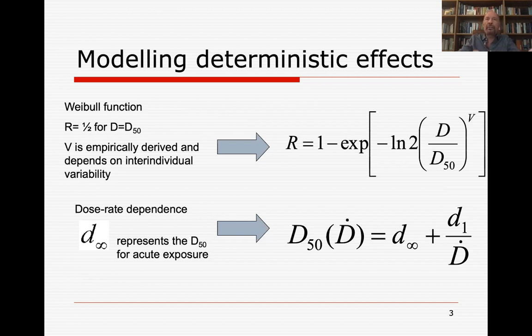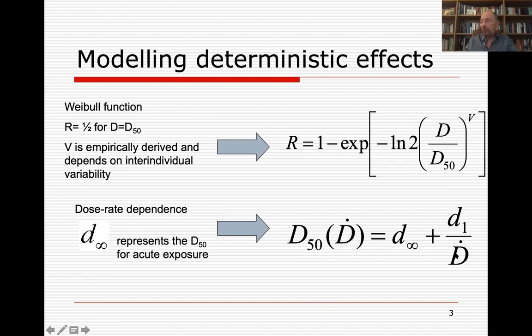As I told you in the previous slide, the deterministic effects are dose rate dependent. Generally, in this formula, the dose rate dependence is included in the D50. So the dependence of D50 on the dose rate, D over T or D dot, is given by D infinite plus D1 divided by D dot.